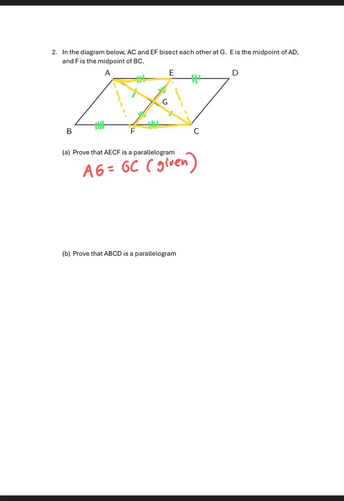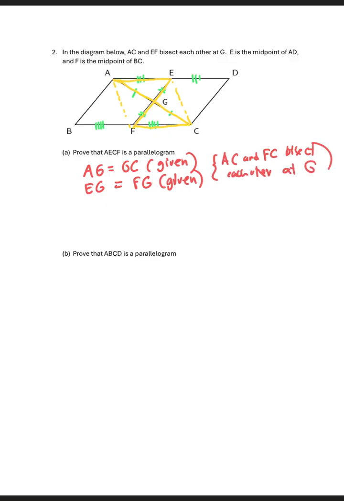That is given, and EG is equal to FG is also given. It's given because we are told that AC and EF bisect each other at G. So that's what we are told, right?